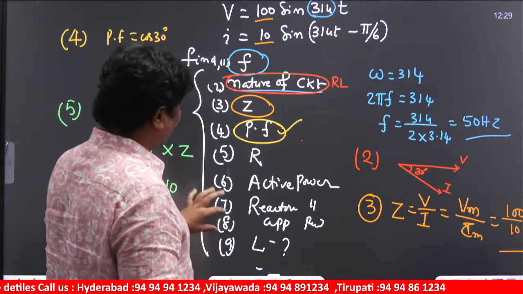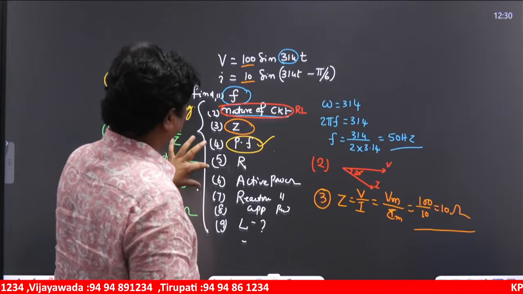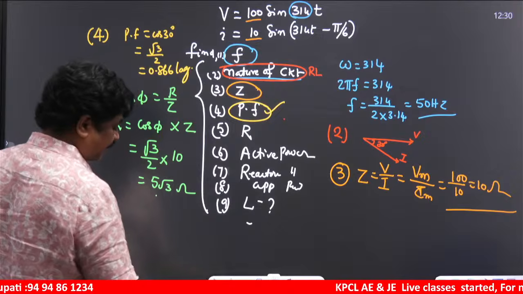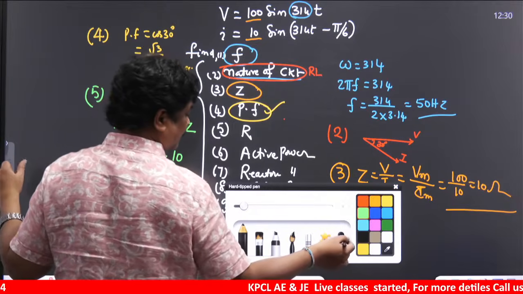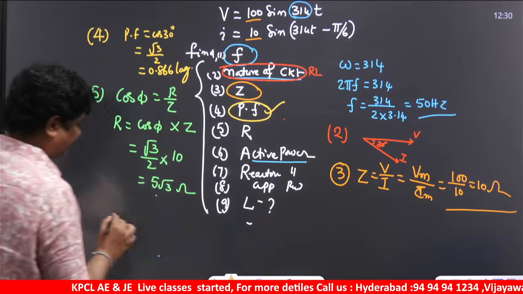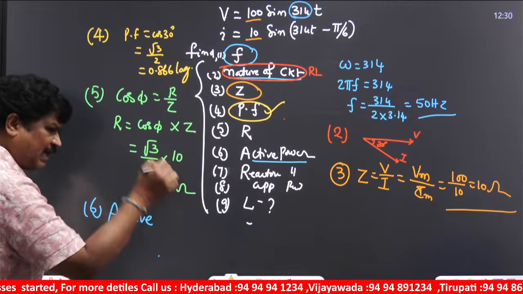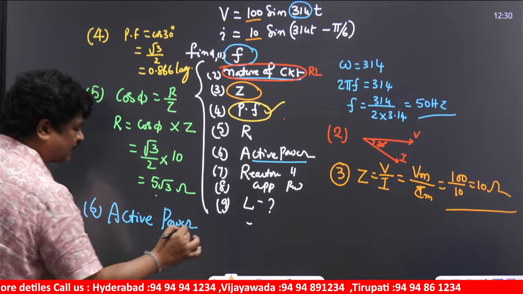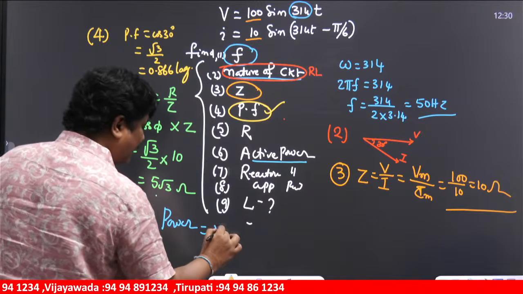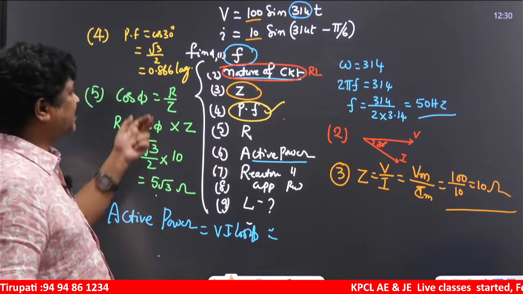Next. What do we have to find? See here. Here we have to find the active power. Sixth one, active power. It is a very, very, very important question. So what is the active power here? V I cos phi. That is equal to how much V? 100.